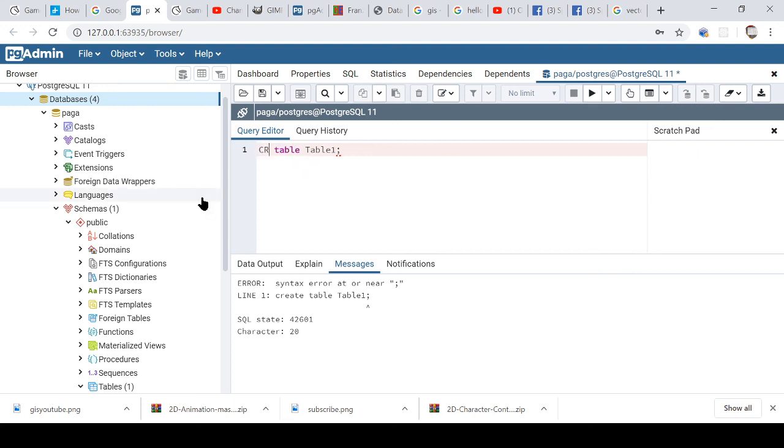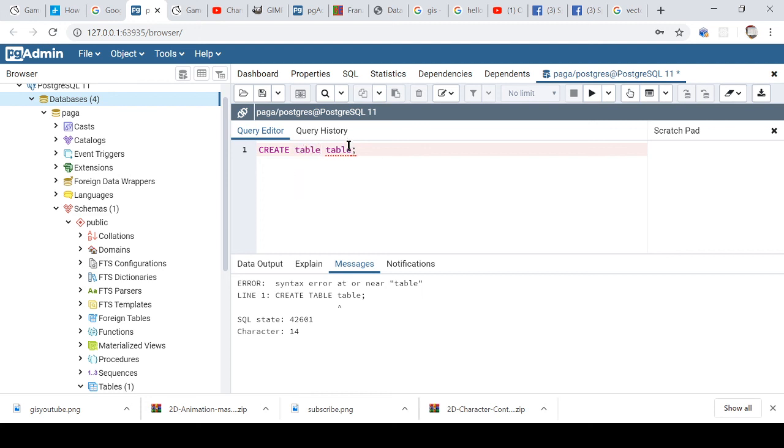Create table, table one, and it's saying there is an error near this syntax. So it doesn't want it. Maybe it doesn't want a capital letter in front, so let's keep it small letter. Every system has its nuances, let me put it that way. Let's take the one away and see. We still have an issue, but we will have to find a better way of doing it.